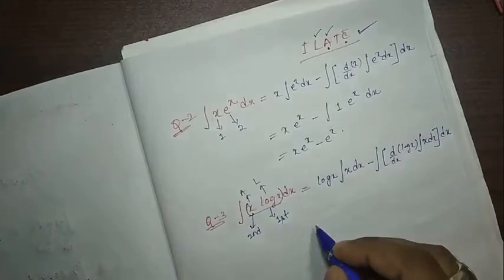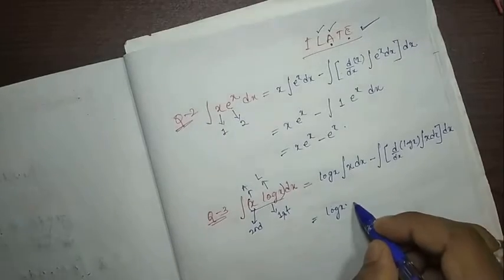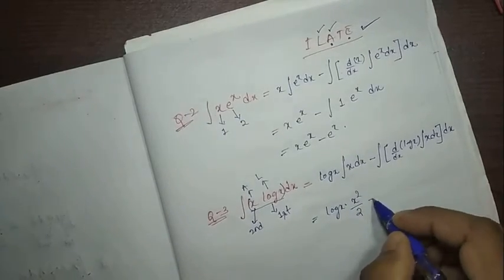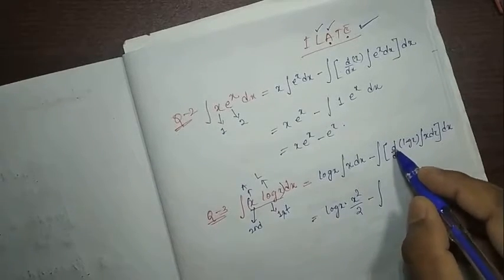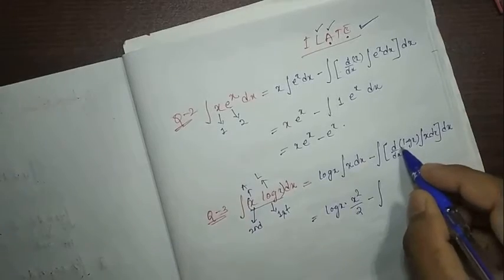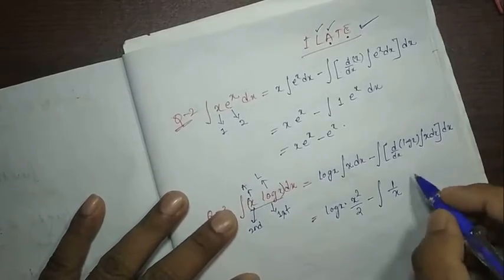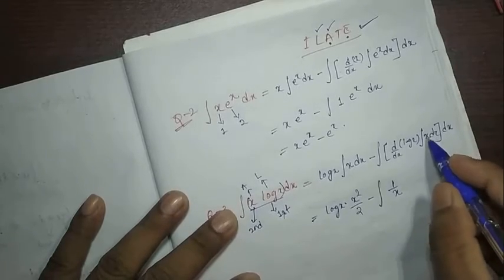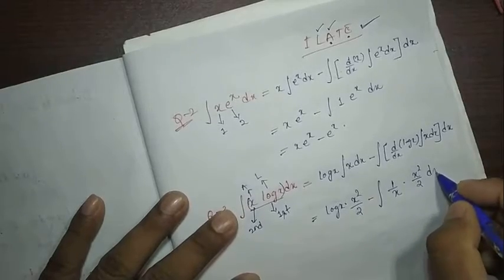Okay, so it will be log x times the integration of x, which is x square by 2, minus integration of d by dx, the derivative of log x, which is 1 by x, times the integration of x, which is x square by 2, dx.